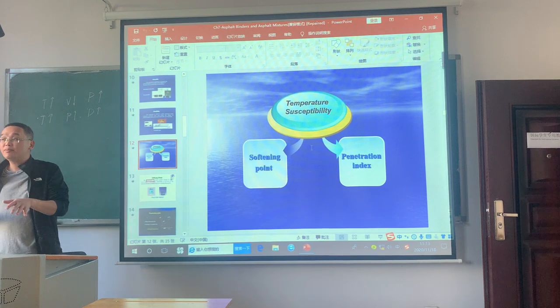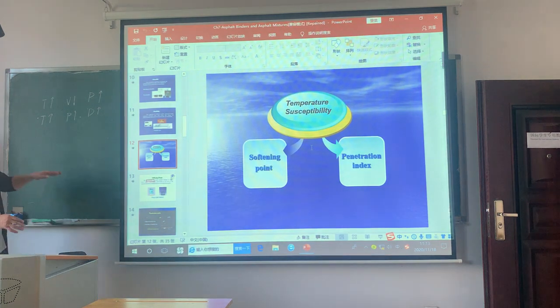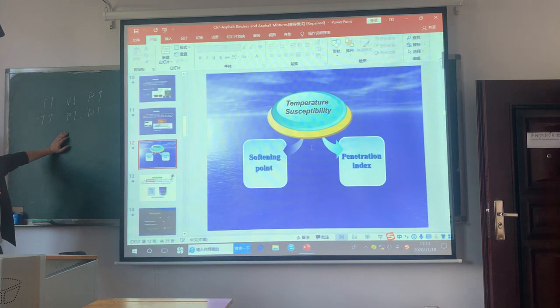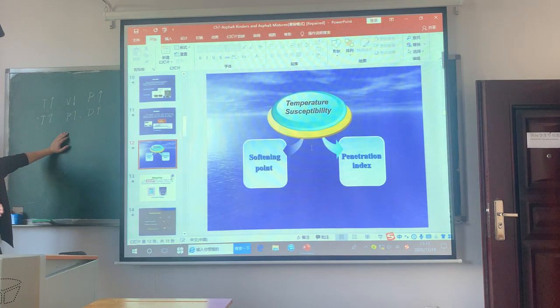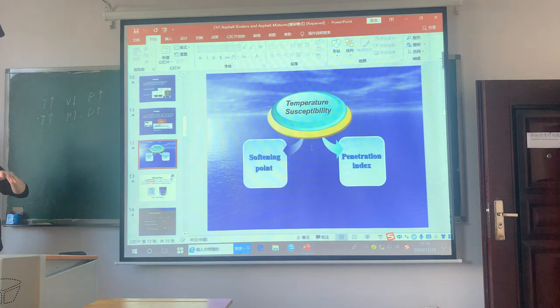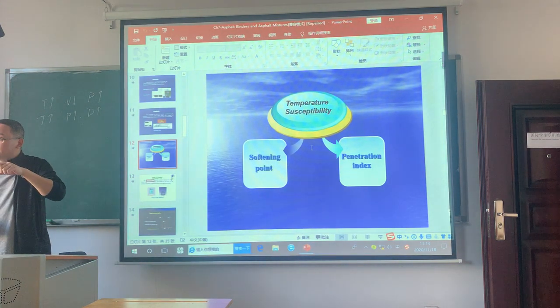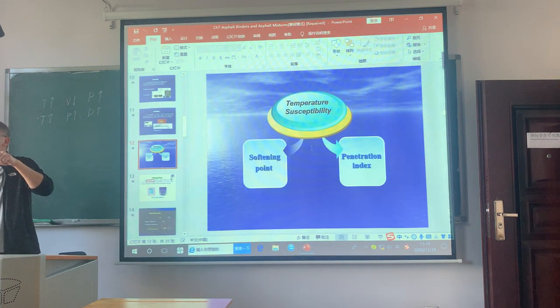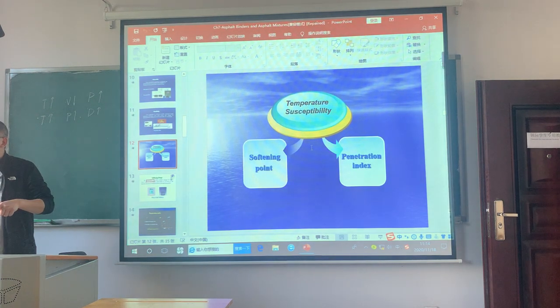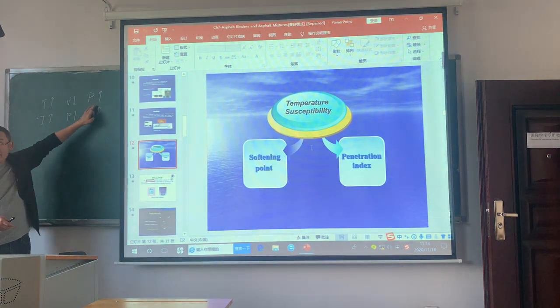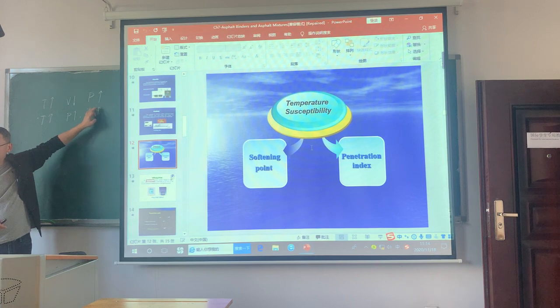Temperature susceptibility means when we increase or decrease the temperature, this index will change.